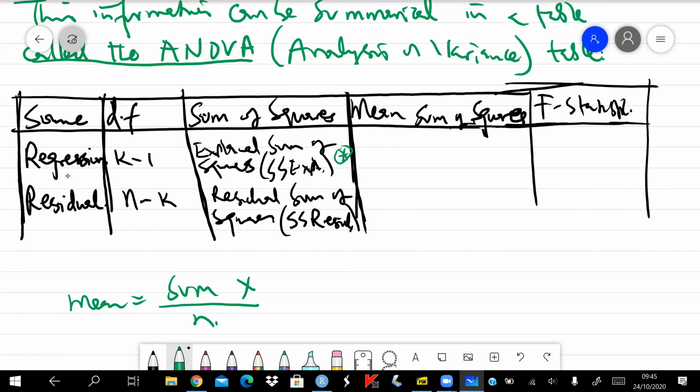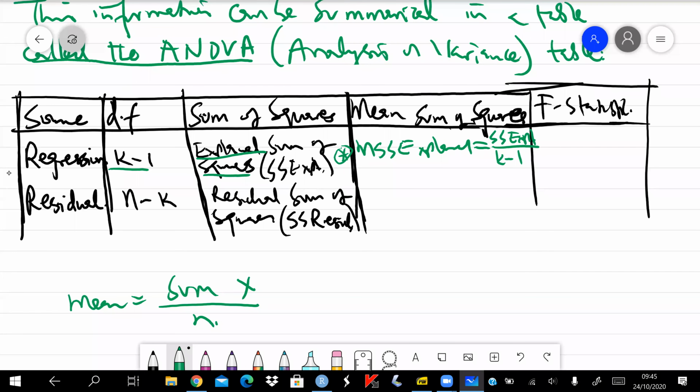So the mean sum of squares explained will be given by SS explained divided by the degrees of freedom, which is k minus 1.